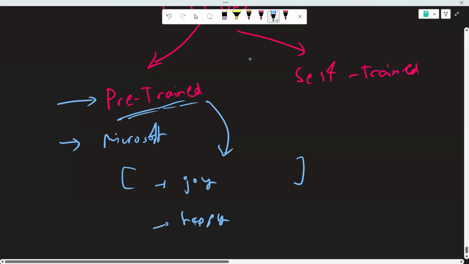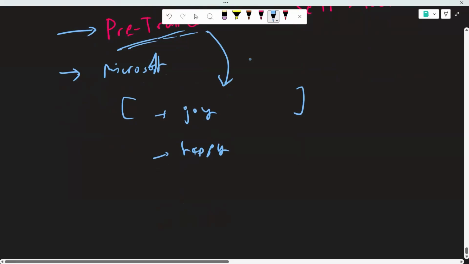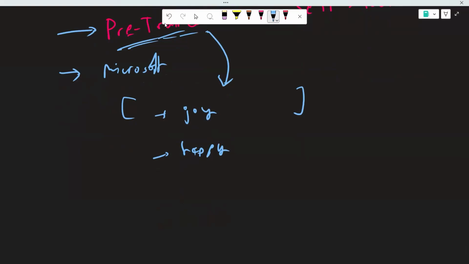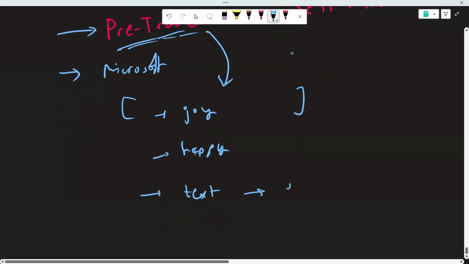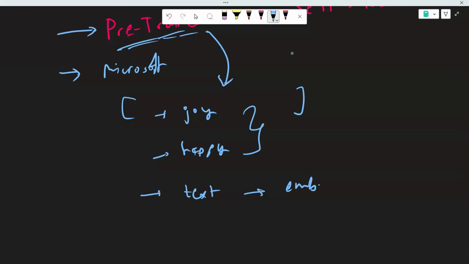So when you use a pre-trained model, I won't care about training Word2Vec once again. I can simply apply Word2Vec to transform whatever text I have into embeddings. And the best part is it will by itself take care of the scenarios where it will understand that, hey, these are similar words.